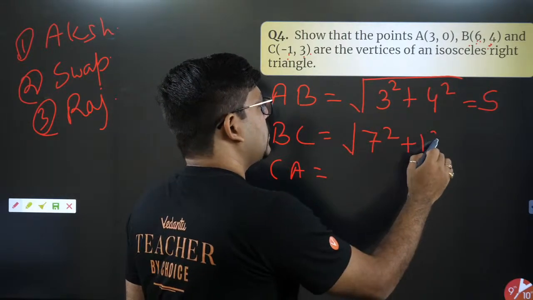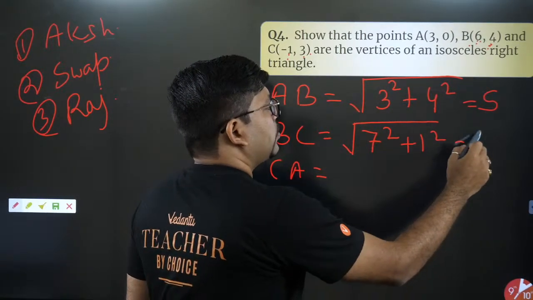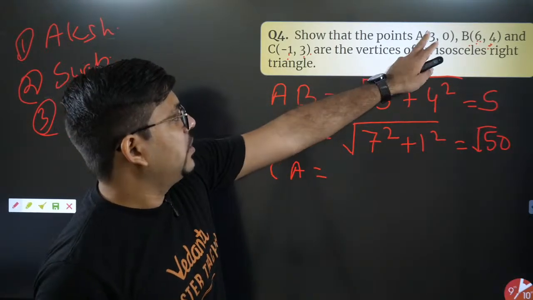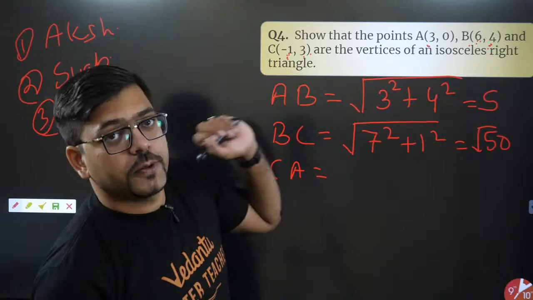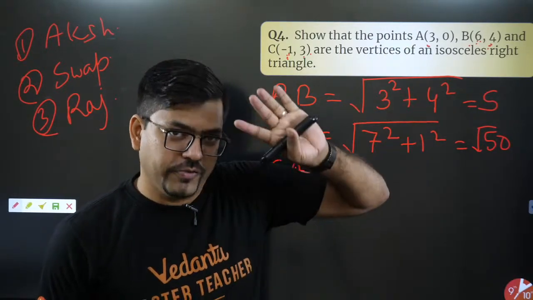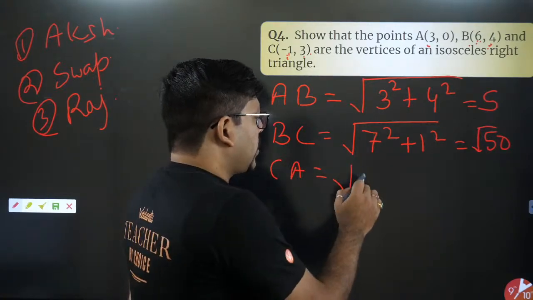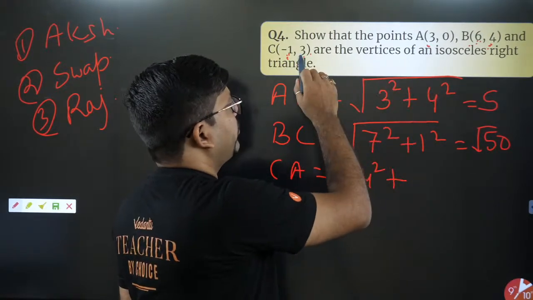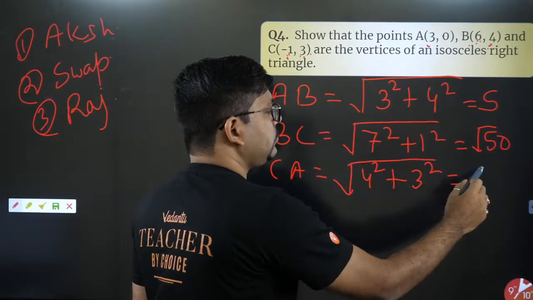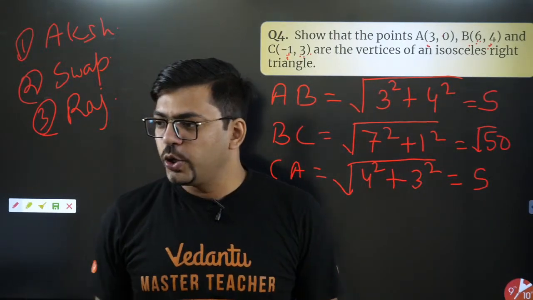So plus 1 square. 49 plus 1, root 50. And then for CA, C and A, 3 is here and minus 1 is here. 3 minus of minus 1 will be 4. So root under 4 square plus 3 minus 0, so 3 minus 0 is 3, 3 square. Answer is 5. Did you all understand it?